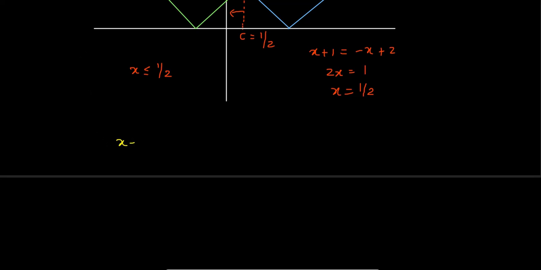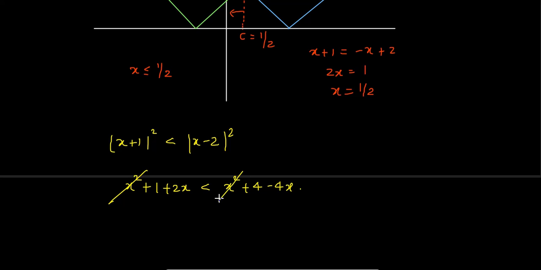Here we have x plus 1 squared less than x minus 2 squared. That means x squared plus 1 plus 2x is less than x squared plus 4 minus 4x. The x squared gets cancelled with x squared.